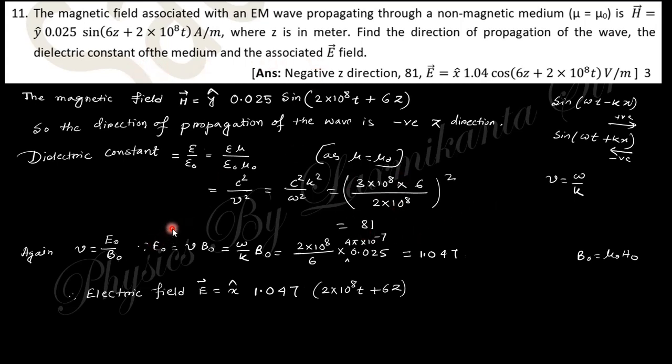Next is the electric field. We can find E0 equals V by H0, so this is E0 and this is H0. B0 equals mu naught H0. So this is the value of mu naught, and this is H0. This is 1.047. So the electric field will be like that.